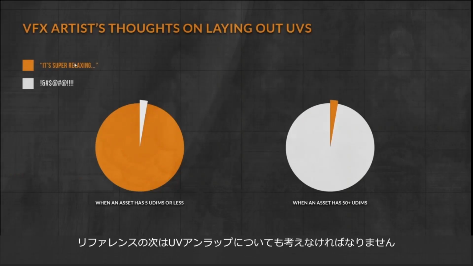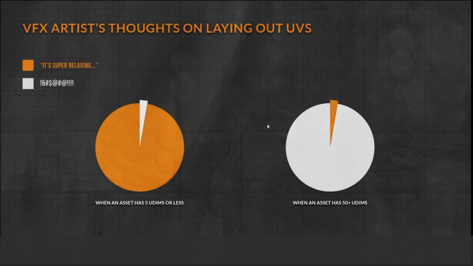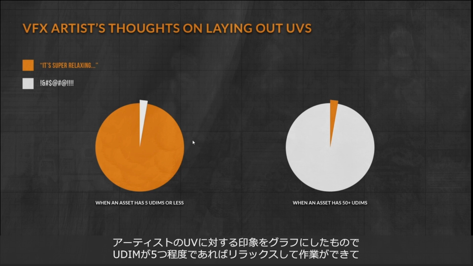So after I found all my references, it's time to unwrap. I unwrapped Leviathan, and this is just a little graph that I put together, because it's funny: a lot of people, when they're making UVs for an asset that has 5 UDIMs or less, say, oh no, it's super relaxing.